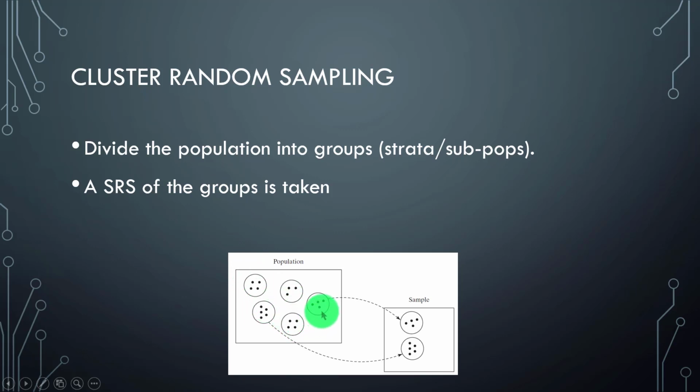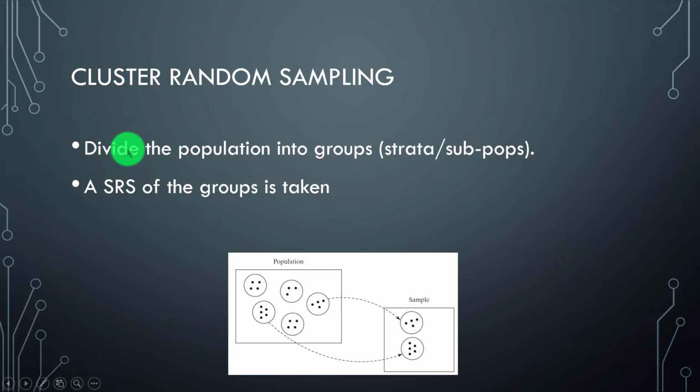So in this schematic here, this bubble, that entire group, gets put into the sample. And here, this little bubble, those 5 individuals all go into the sample as well. So here, these other 3 groups are completely excluded.